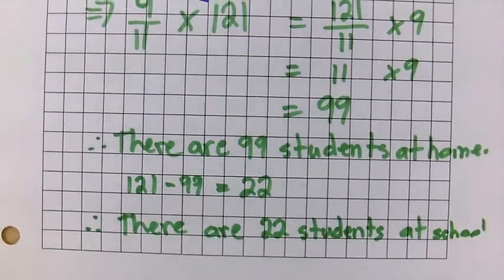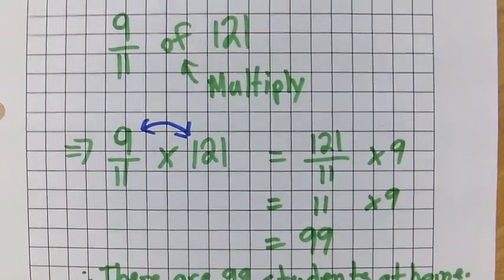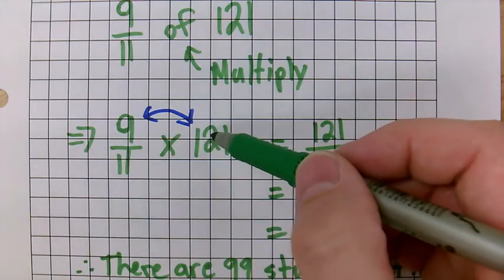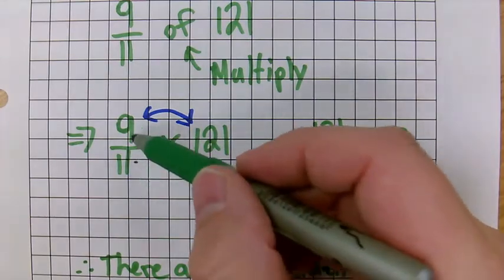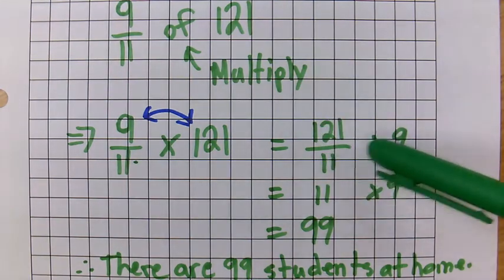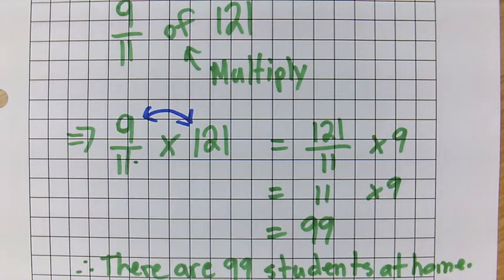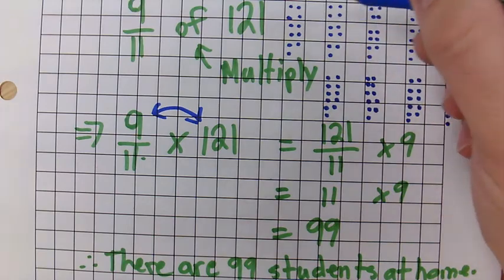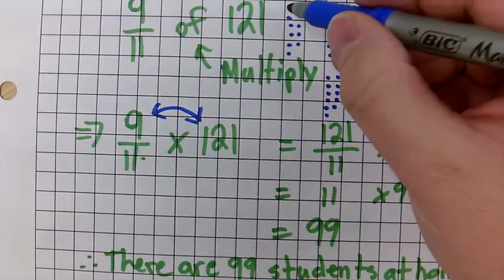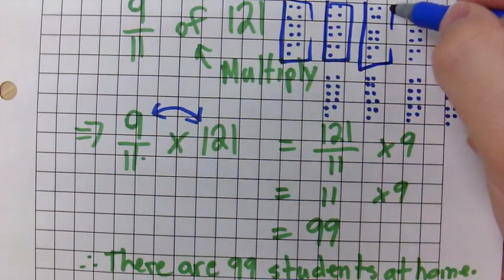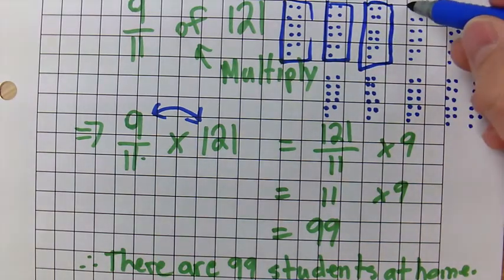So this is another way that you can do it. If you have a question where you have a fraction times this, you can actually do the division first and then multiply by the numerator of the fraction, like this. Just for the sake of it, I'm going to write it out with the counters. So I just went along and put 1 dot in each of these groups and counted up until I got to 121.